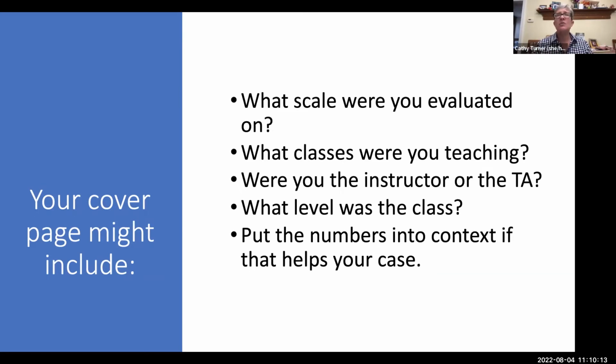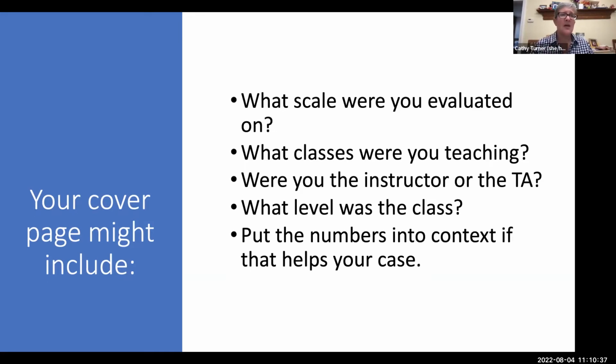As we'll see in a minute, I've got a sample from somebody who shows the standard deviation. That would really depend on the extent to which you think your audience can understand what a standard deviation is. But if there are numbers there that are going to help you look good, but also put things in context, that's really smart to include.